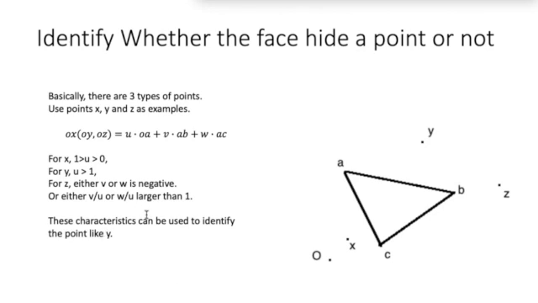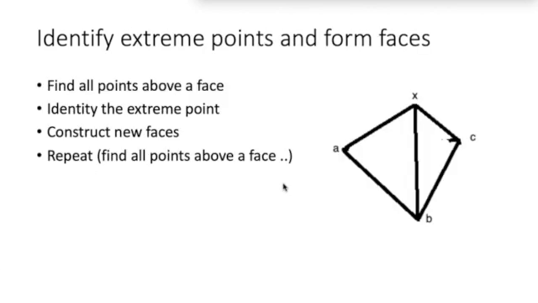So we can use this characteristic to identify the relative position of the point. After you identify the position, you can know the outside set, and then use the extreme point to form new faces like this one.